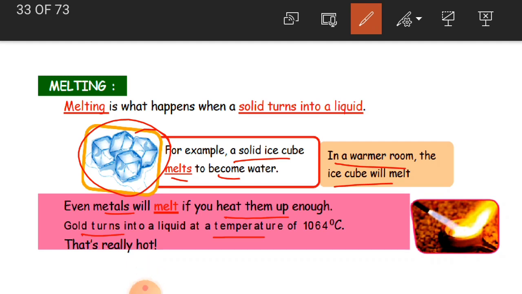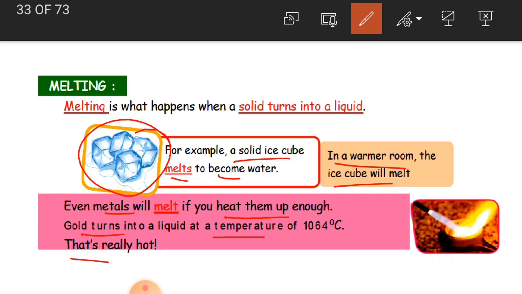We cannot even bear 42 to 45 degrees of temperature in summer. At such heavy temperatures, gold is going to turn into liquid. Clear, children? And that is really hot.